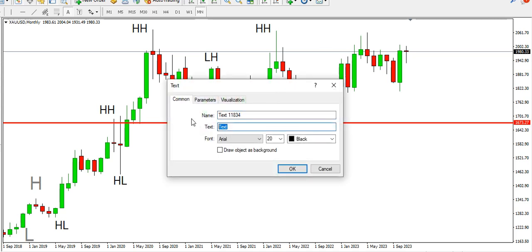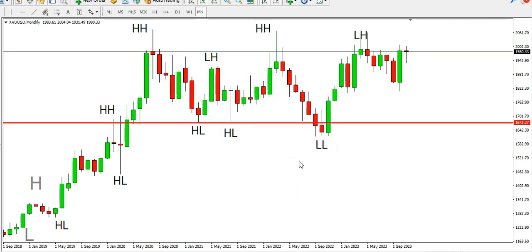Should it be higher low or lower high? I think it should be lower high, because it's a high, but it's lower than the previous high. This is a high, but it's not higher than this previous high, so it's going to be a lower high. All right.